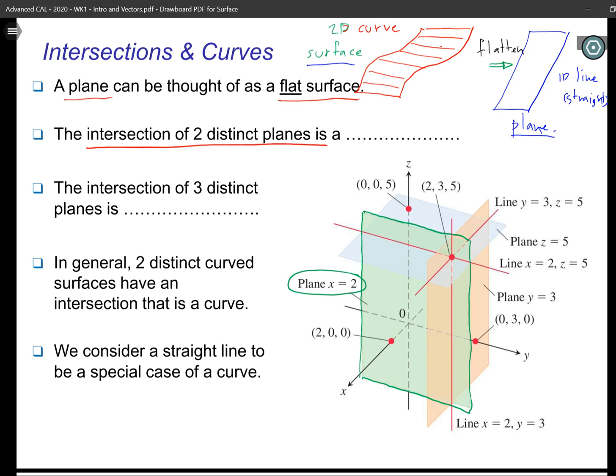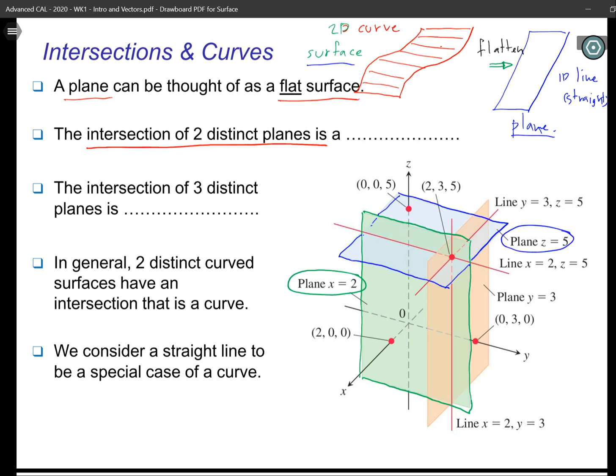Right, and then we are going to consider another plane. Let's take the blue one here. And this blue one can be represented by the plane z equal to 5. As you can see here, on this plane z equal to 5, x and y can be anything.